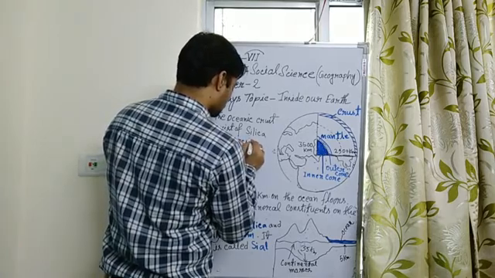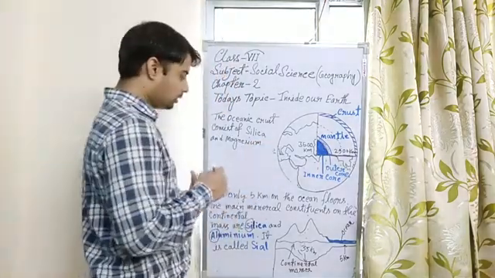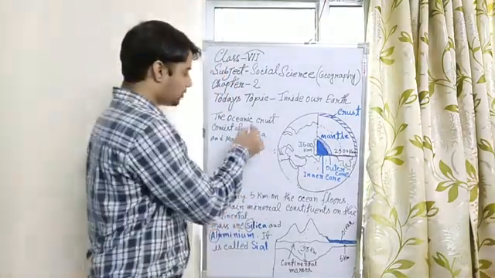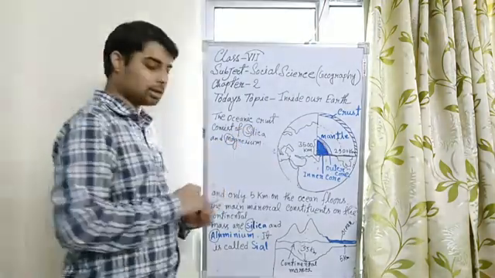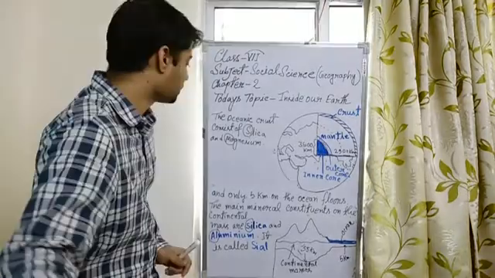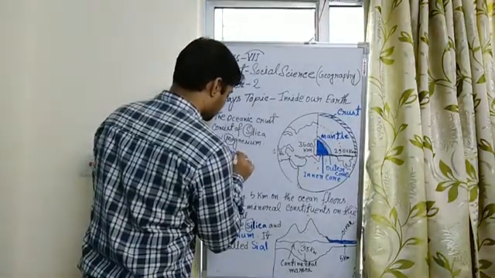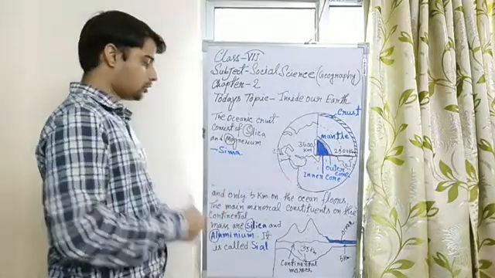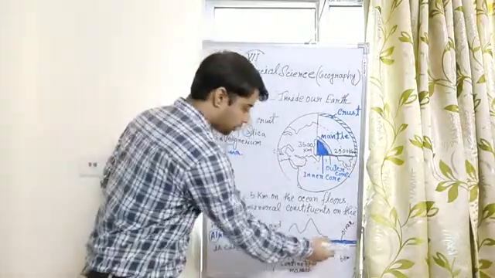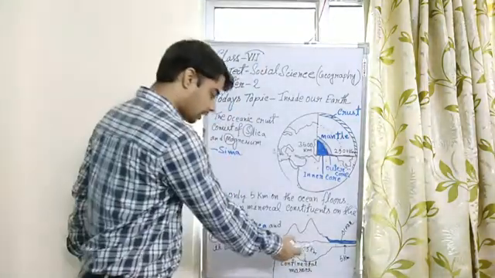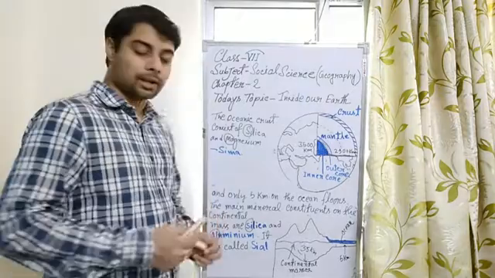Magnesium is also a type of metal. Again the geologists took the first two letters of silica and magnesium, and together it is called Sima. This 5 km region is called Sima, and this 35 km region is called Sial.